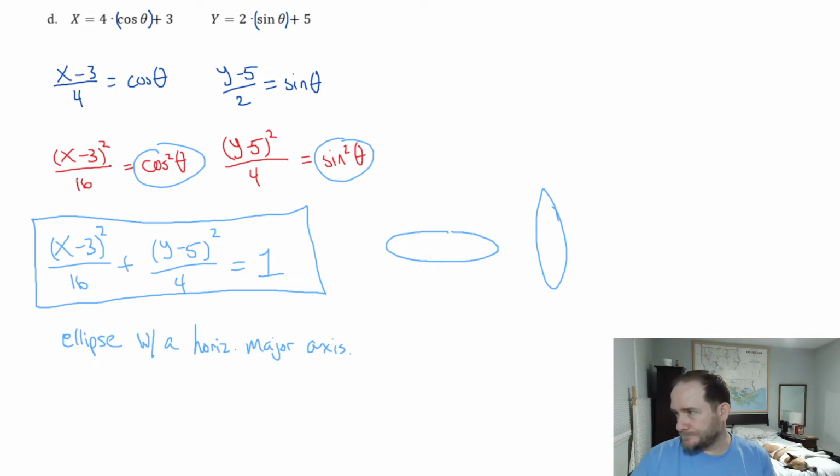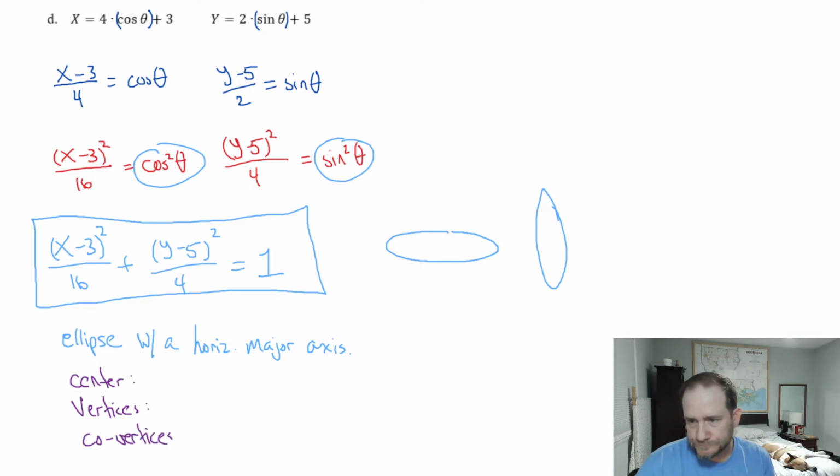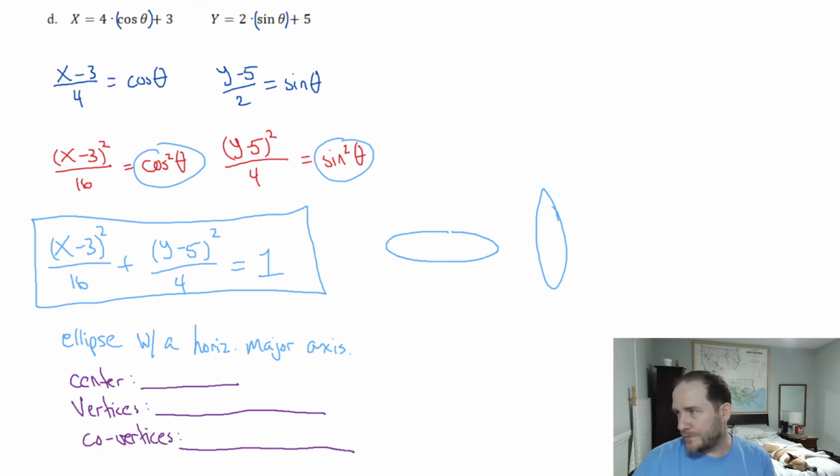All right, for an ellipse, you're supposed to be able to give me the center, the vertices, and the co-vertices. And I think people are doing pretty well with this. The center is 3, 5.